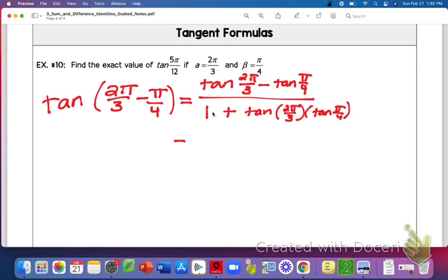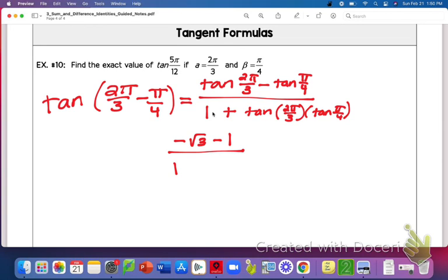All right, so tangent of 2 pi over 3, if you look over at your unit circle, that's going to get us a ratio of -√3. And then your tangent of pi over 4 is 1, right? So it becomes -√3 minus 1 in our numerator. And then in our denominator, the 1 stays.